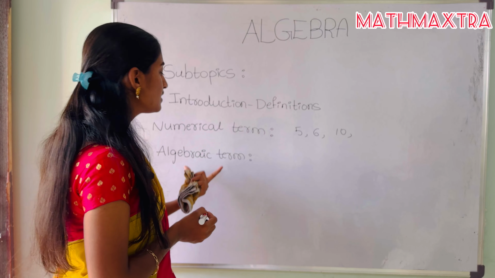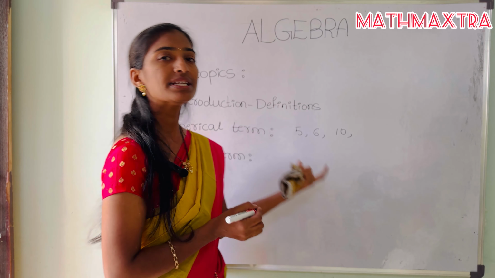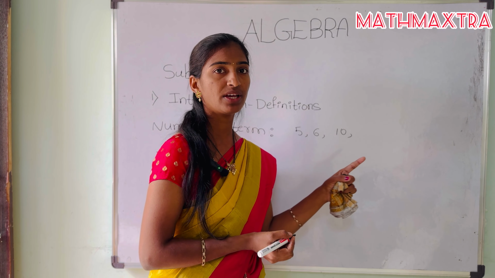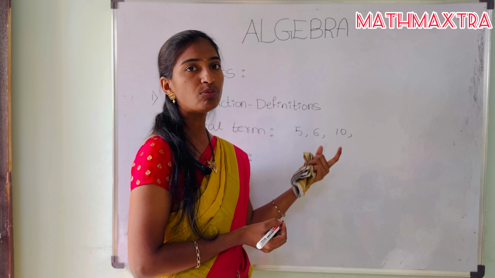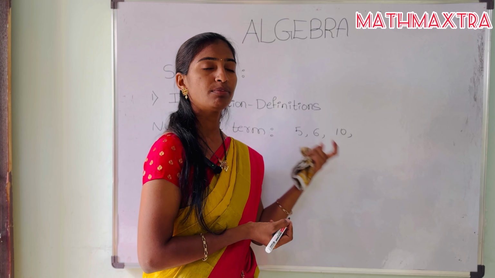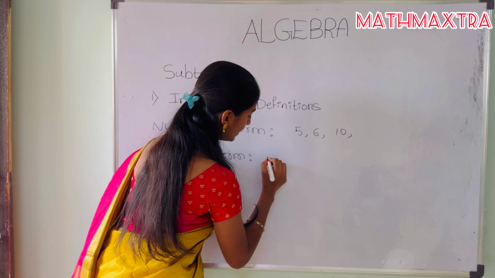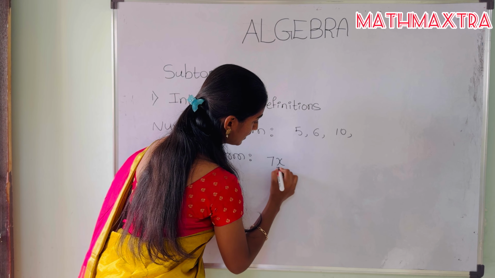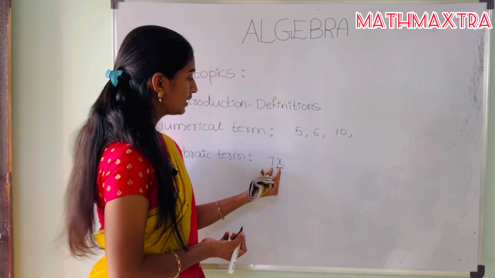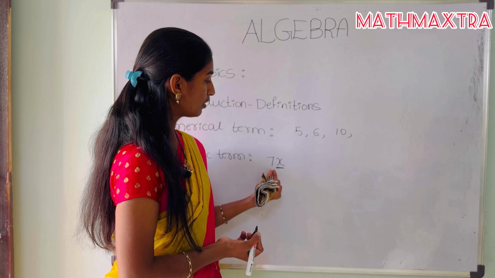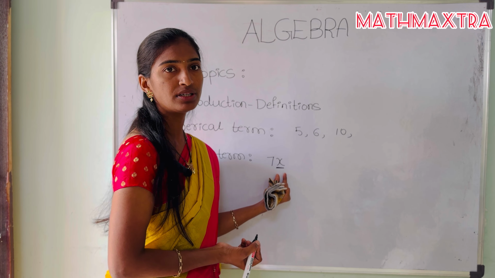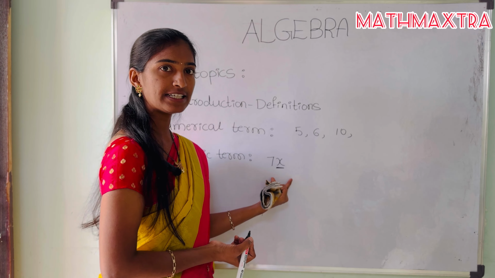But in the case of an algebraic term, it must contain at least one variable. It may have more than one variable also, but it must contain one variable. See, 7x. So x is a variable, right? Yes, a product of constant and one variable. Yes, it is an algebraic term.